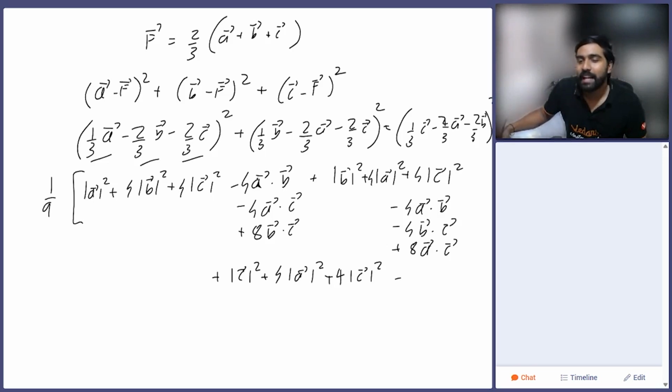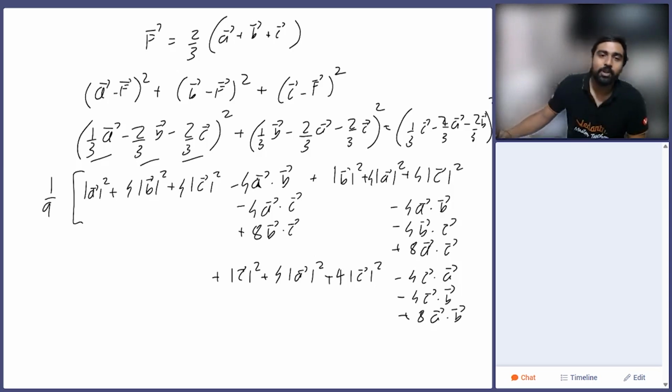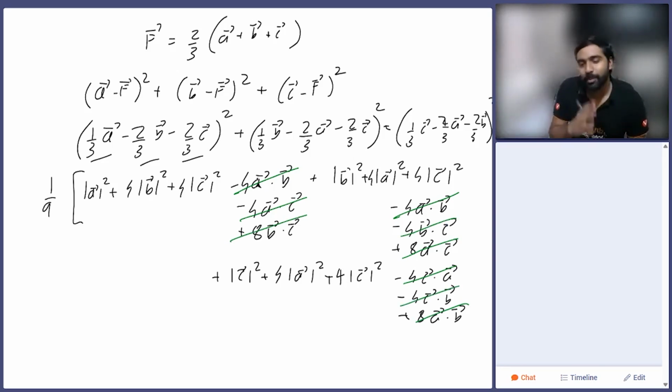And then I'll get minus 4 times C dot A, minus 4 times C dot B, and plus 8 times A dot B. Now look at this: minus 4 A dot B, minus 4 A dot B, plus 8 A dot B, minus 4 A dot C, minus 4 A dot C, plus 8 A dot C, plus 8 B dot C, minus 4 B dot C, minus 4 B dot C.